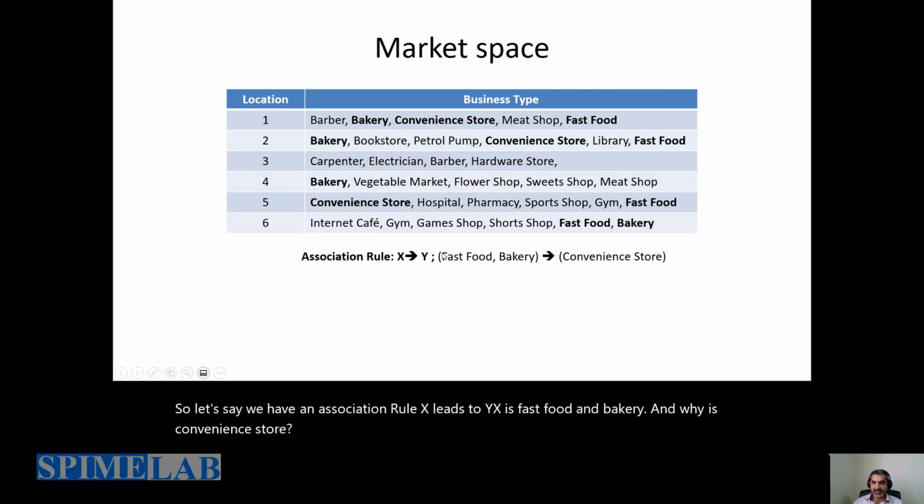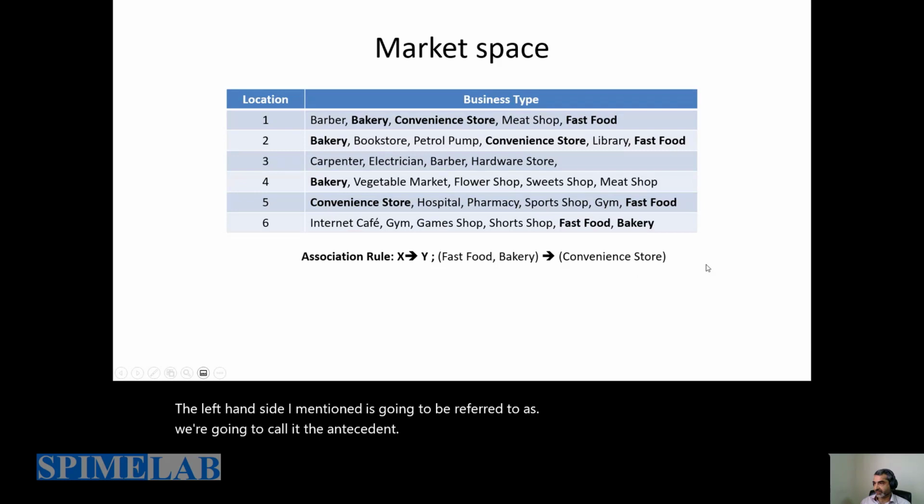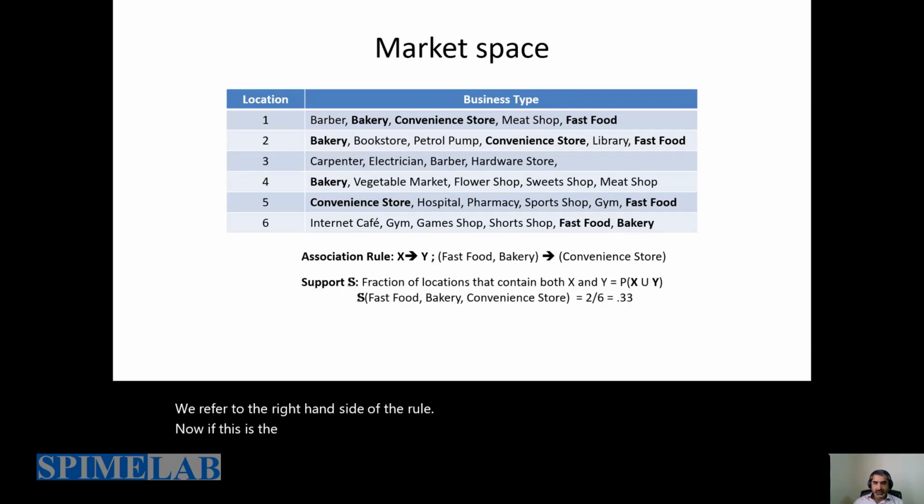The left-hand side, I mentioned, we are going to call the antecedent, and the right-hand side the consequent. Now, if this is the rule, how do we measure the goodness of this rule? There are some numbers. First is support.